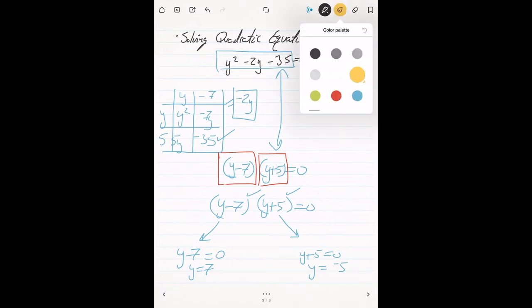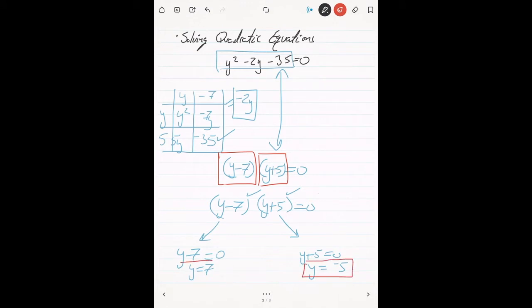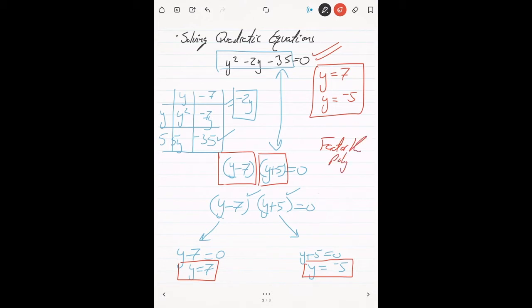These are the two solutions for this problem. There are two numbers that will work here. If you plug y equaling 7 into this problem, you will get a 0. And if you plug negative 5 in for y for this problem, you will also get 0. So we now have two potential solutions. What we've done is we factored the polynomial.